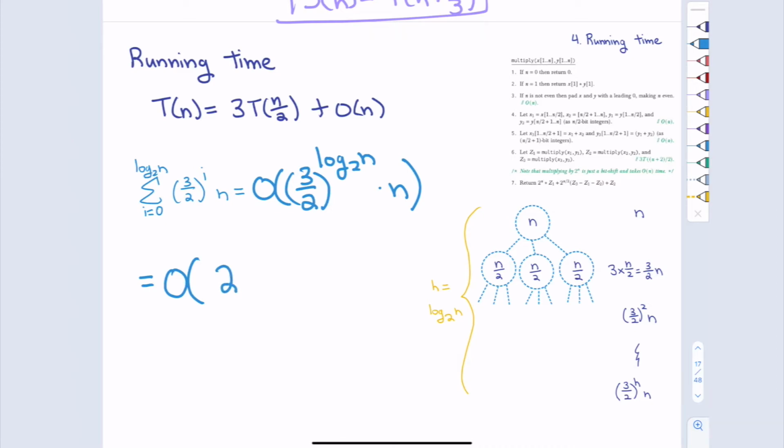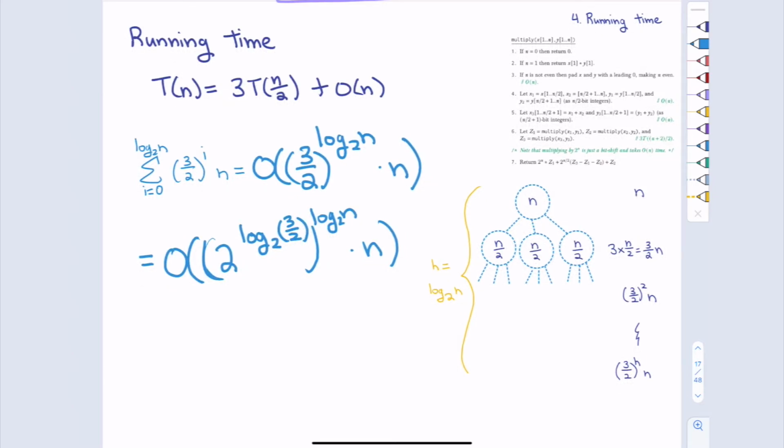But one you can do is write 3/2 to the log n as 2 to the log 2 of 3/2 times log n. And you can reverse it. If I reverse these two, then 2 to the log 2 n gives me n. I'm sure there's more slick ways to do it, but I never remember.